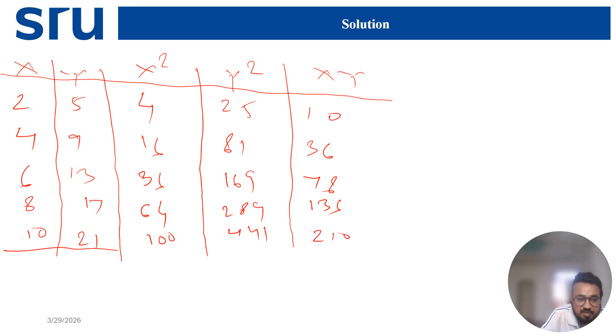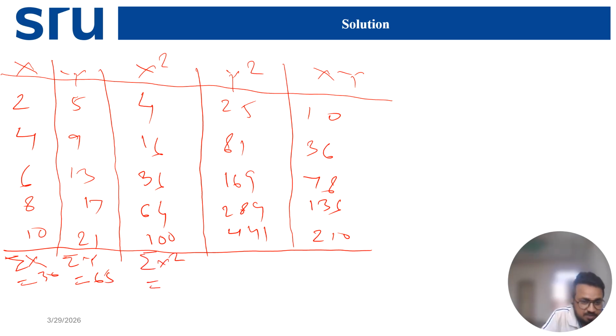Now we will add all these values column-wise. Then we will get the summation of x equal to 30, summation of y equal to 65, summation of x square equal to 220, summation of y square equal to 1005, and summation of x into y equal to 470.